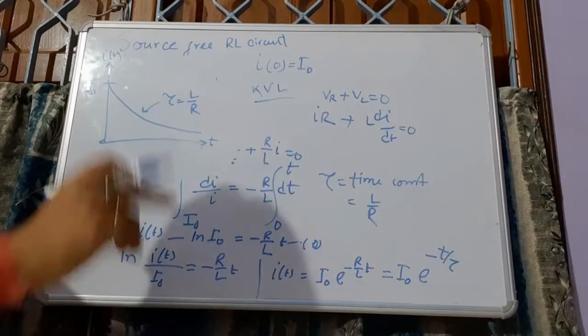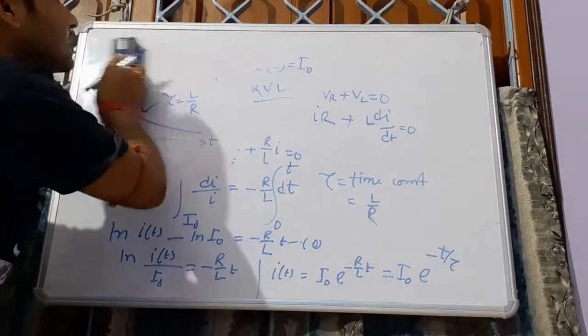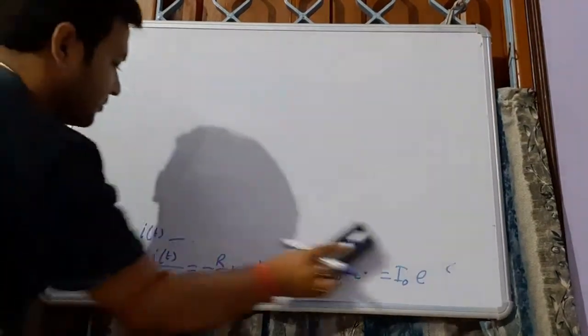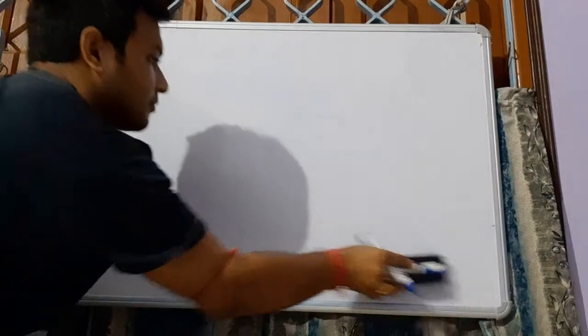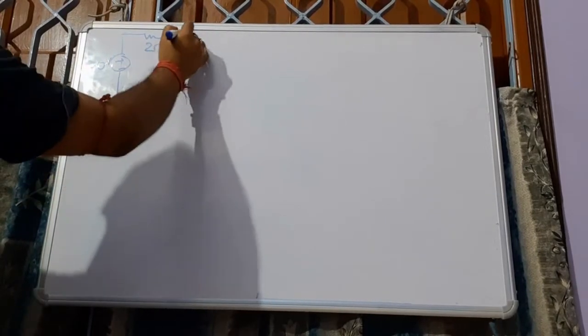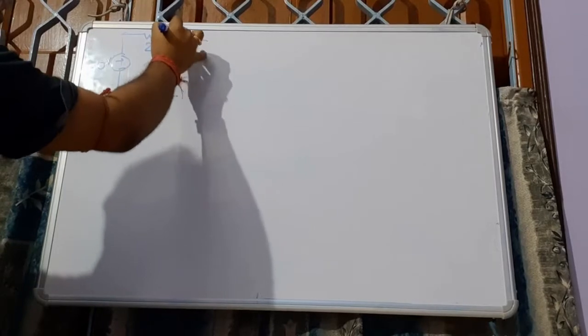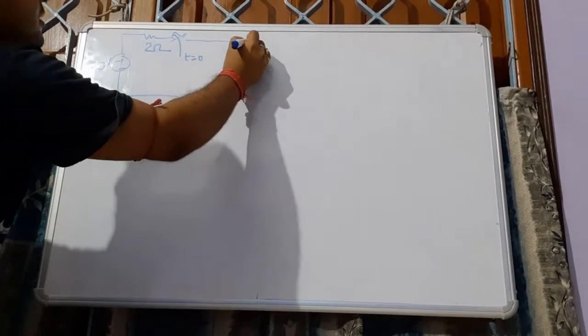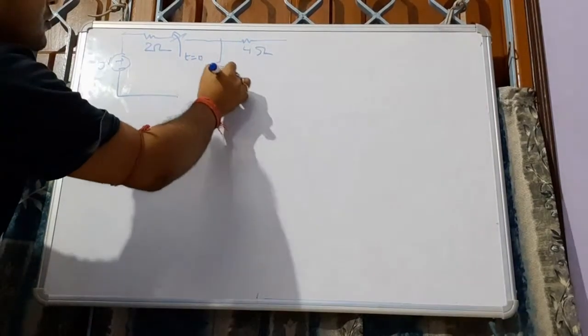Now let us do a problem on this. Suppose there is a circuit containing a voltage source, say 40 volt, and this is R, 2 ohm, and there is a switch that is initially closed, and at t equals 0 it is opened, and this is a 4 ohm resistor and a 12 ohm resistor in parallel.